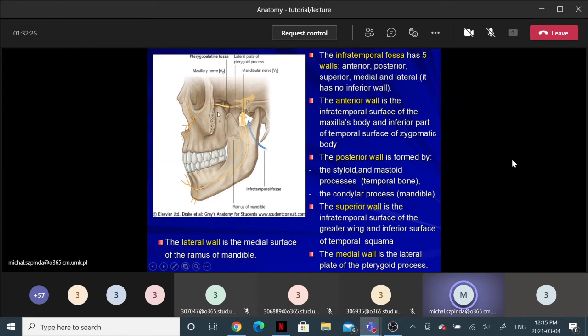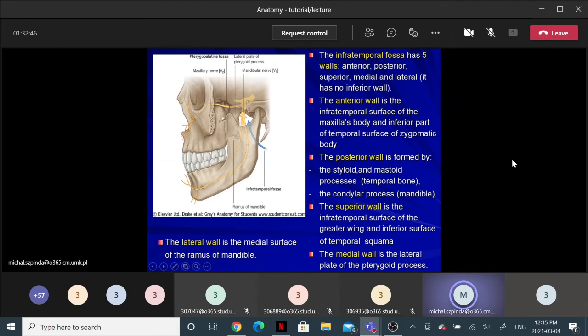What's more, these walls end and limit from below the inferior orbital fissure, and afterwards they form the orbital floor.